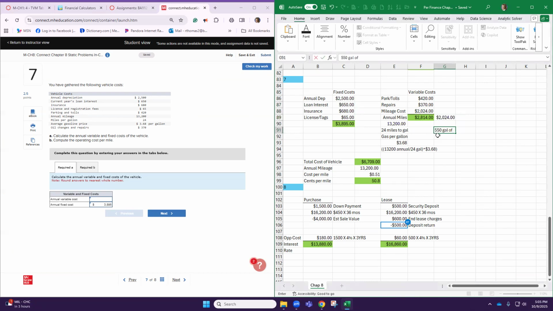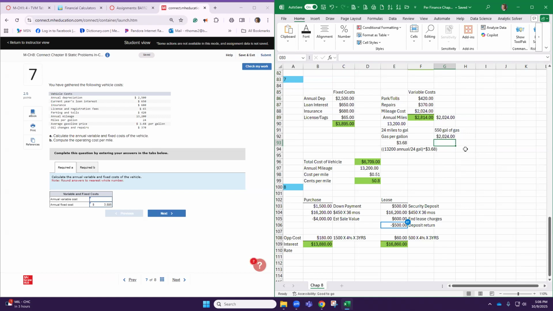550 gallons of gas is what it takes. Now we need the cost of the gas, which is $3.68. We need to take that times the 550 gallons. So let's see what we get here.